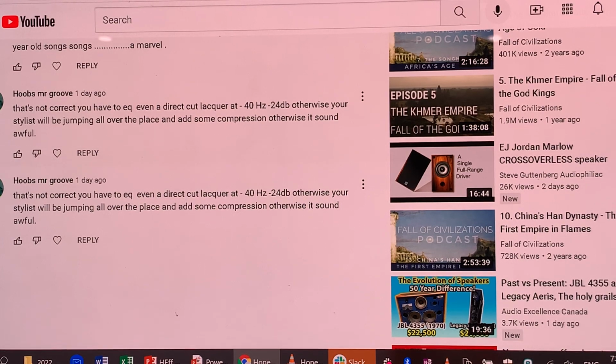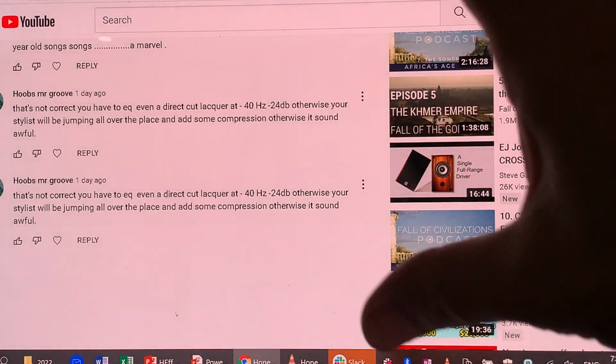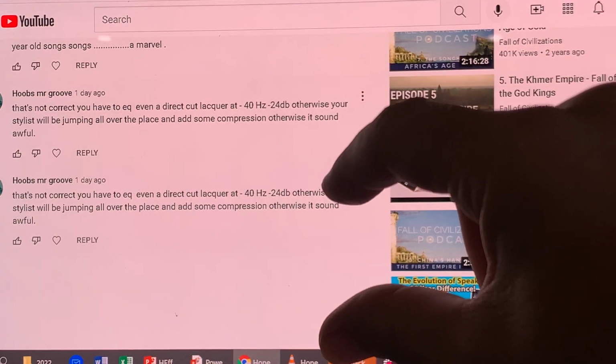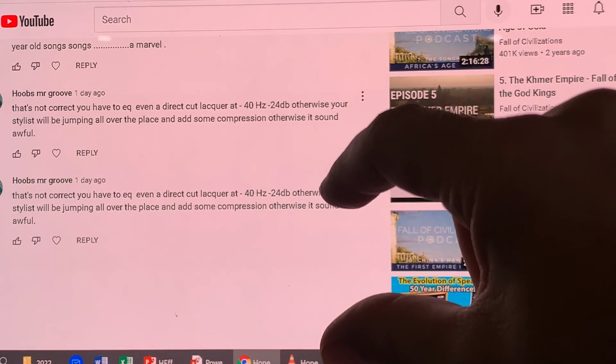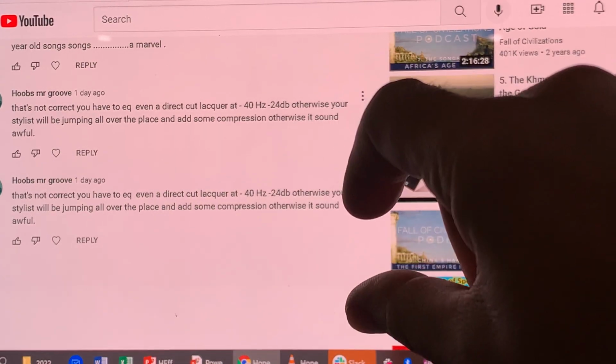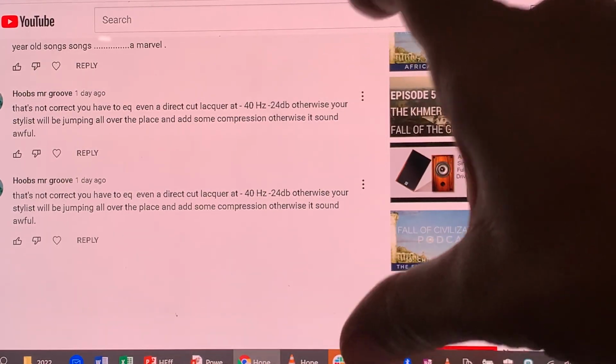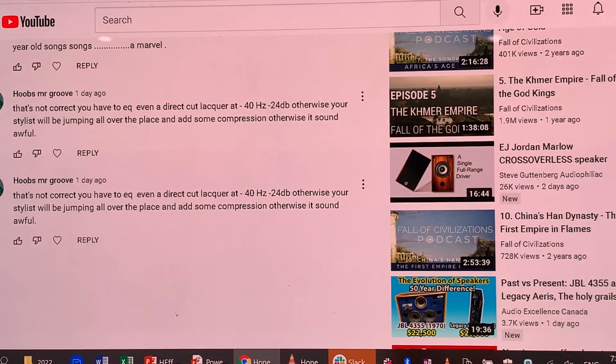In the process of the RIAA conversion, both soft and loud sounds are diminished by the exact same amount. And when you undo this change, both the soft signal and the loud signal will be restored to where they were. So there is no compression in the process.